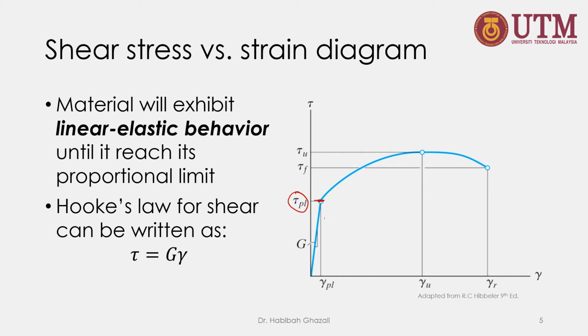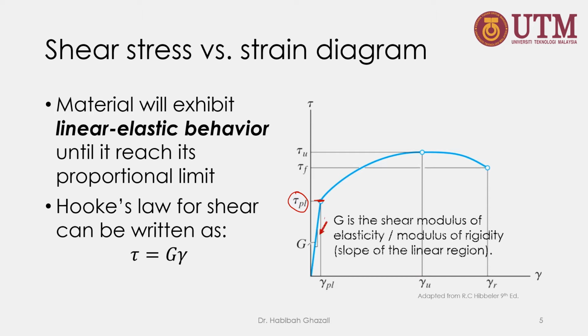In this region, it also follows Hooke's law: the shear stress is proportional to the shear strain. And here, the shear modulus of elasticity is the slope of this linear line. The ultimate shear stress is at this point here, and here is where the material is going to fail. It is the shear stress that causes the material to fail.